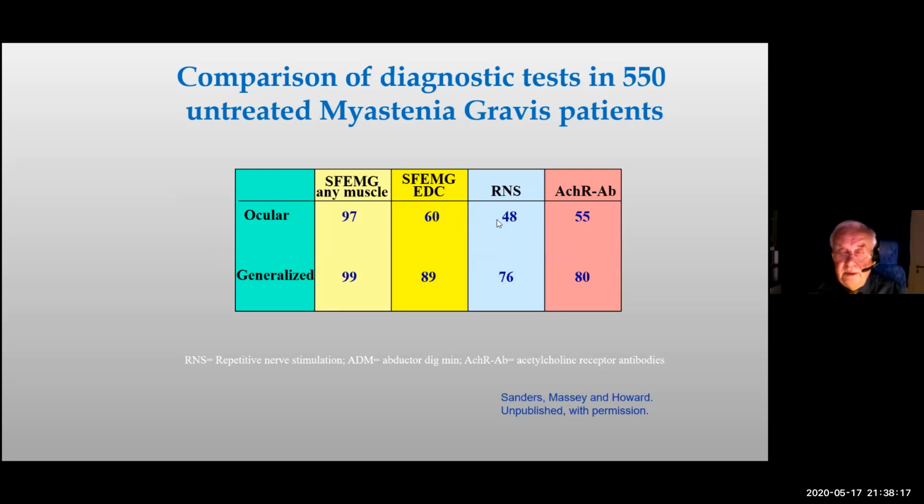Rep stim is about 50% or 75%. And antibodies has also a relatively high sensitivity, but not 100%. In medicine, nothing is 100%, but you see it's very, very high sensitivity, if we do it correctly, if we are really meticulous about the quality of the signal.